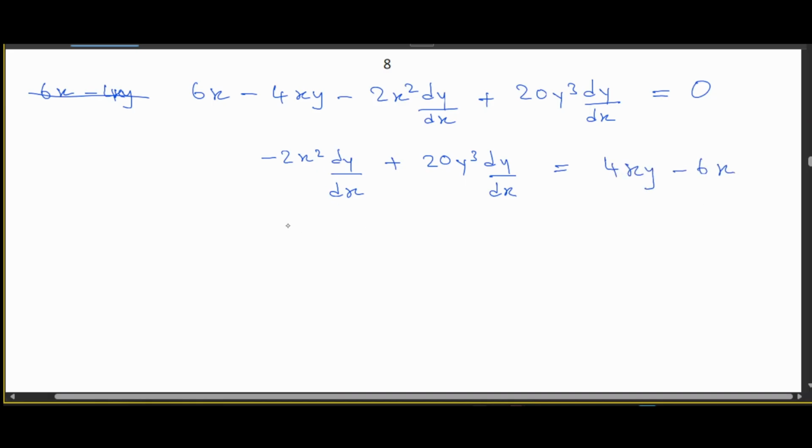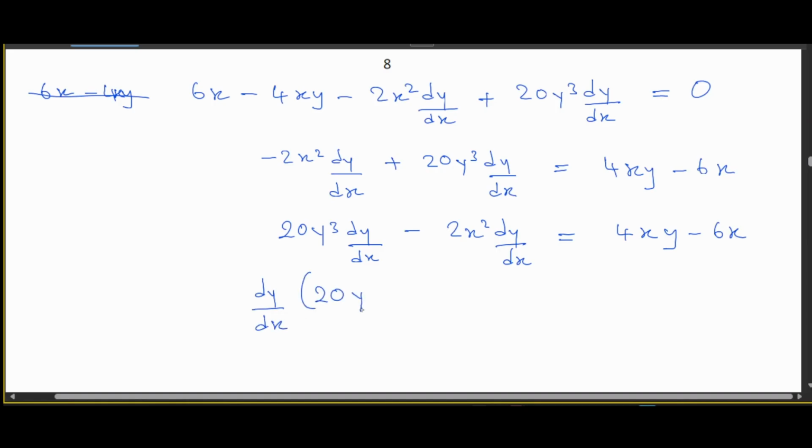Then kunoku togona kuinyora yakadai so 20 y cubed dy dx minus 2x squared dy dx is equal to 4xy minus 6x. Then we factor out dy dx kunoku. Tinosarwa tina 20 y cubed minus 2x squared is equal to 4xy minus 6x.